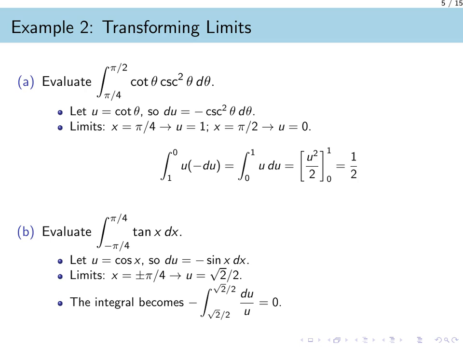After accounting for the negative sign in du by swapping the new limits, we simply integrate u from 0 to 1, which gives 1/2. In the second example, we integrate tangent x from -pi over 4 to +pi over 4. We rewrite tangent as sine over cosine and let u equal cosine x.